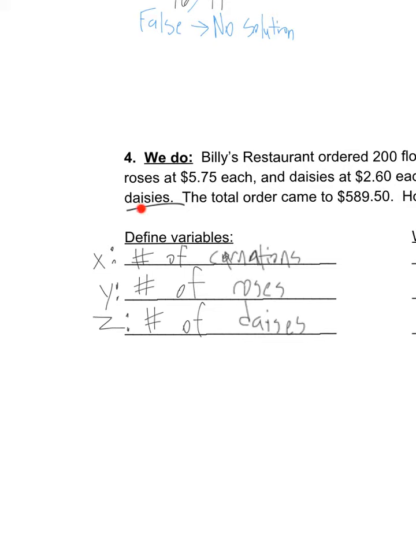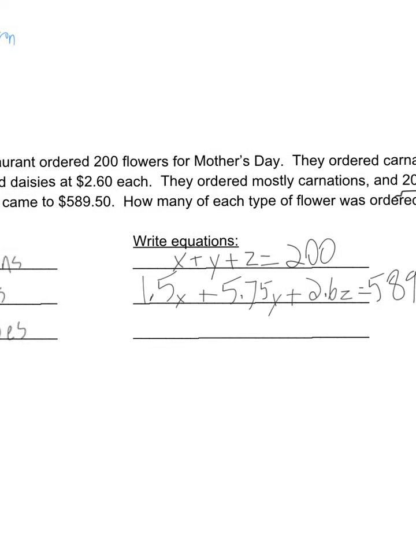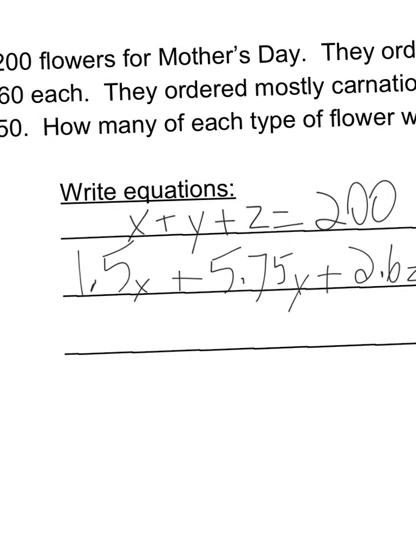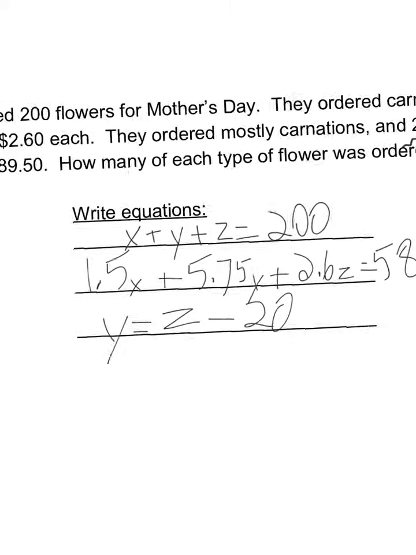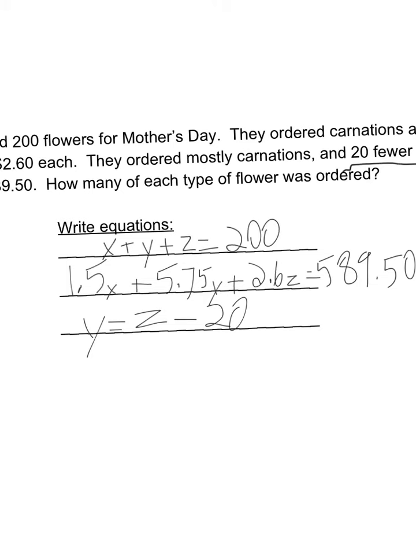So I'm going to do daisies minus 20. So daisies minus 20 is z minus 20, and that'll equal the number of roses. So it'll equal y. So I have y equals z minus 20.